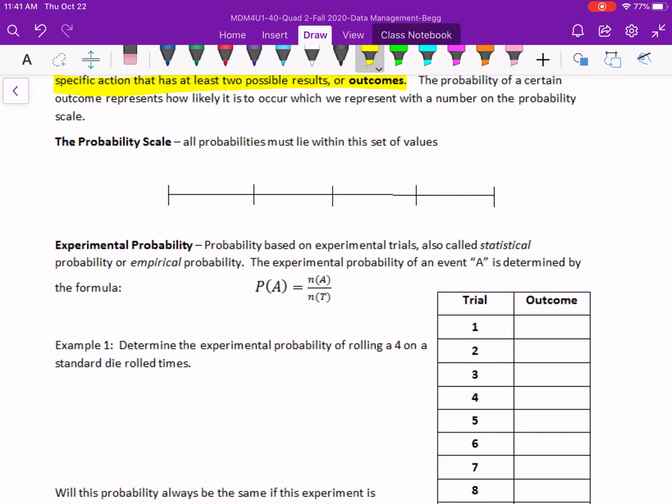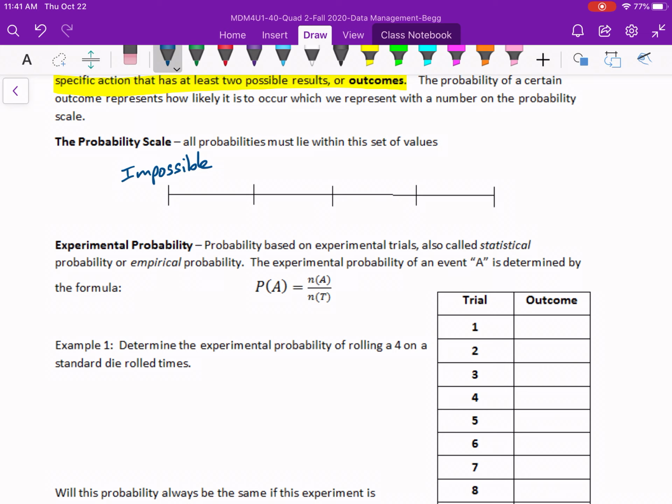Before we put numbers on that set of values, let's just think about it in terms of describing it in words. At the far left, let's say it's impossible that it happens. So whatever we're measuring can't happen. If we're talking about rain today, if it's impossible that it's going to rain today, that's at one end.